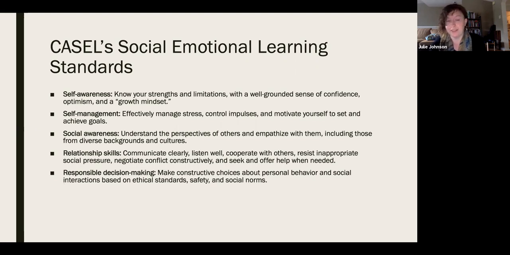Social awareness. We want students to understand their social needs and understand the perspective of others and empathize with them, including those from diverse backgrounds and cultures.